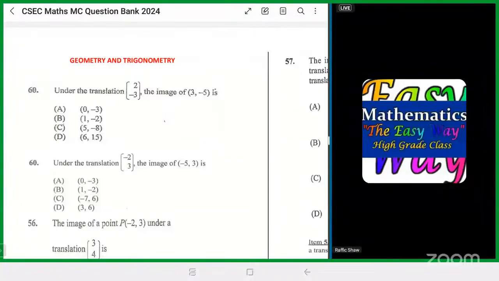Since the area of ABC, that one here, is 20, we put 20 centimeters squared.